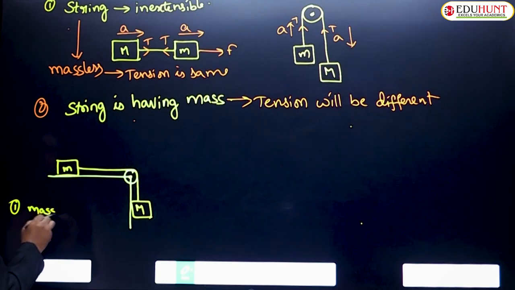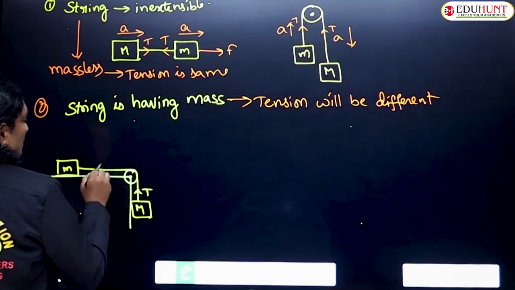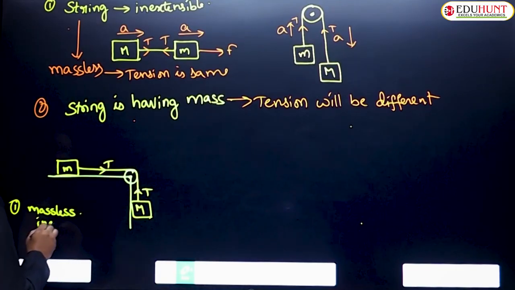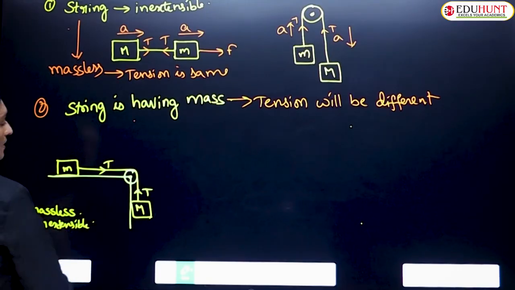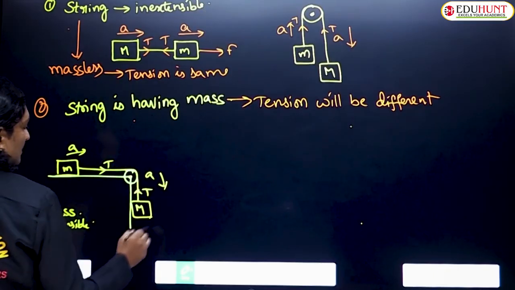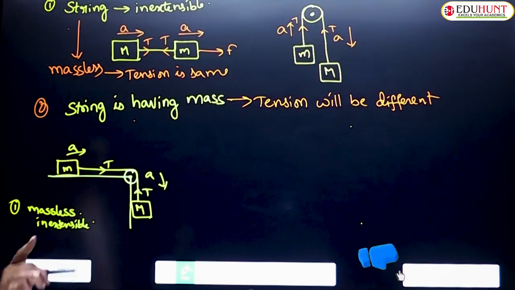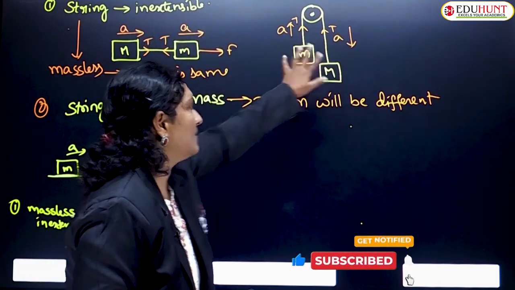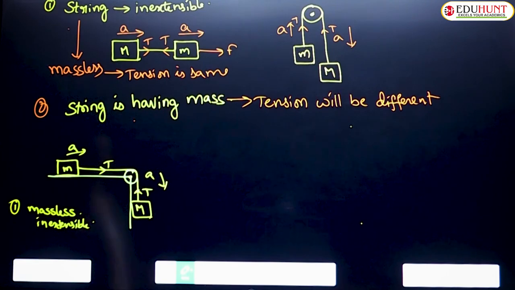If the string is massless, then the tension in the string will be the same. And if the string is inextensible, then the acceleration of both the blocks will be the same. These two things I have explained, whether with this diagram or the other picture. Three different cases, but the same condition.